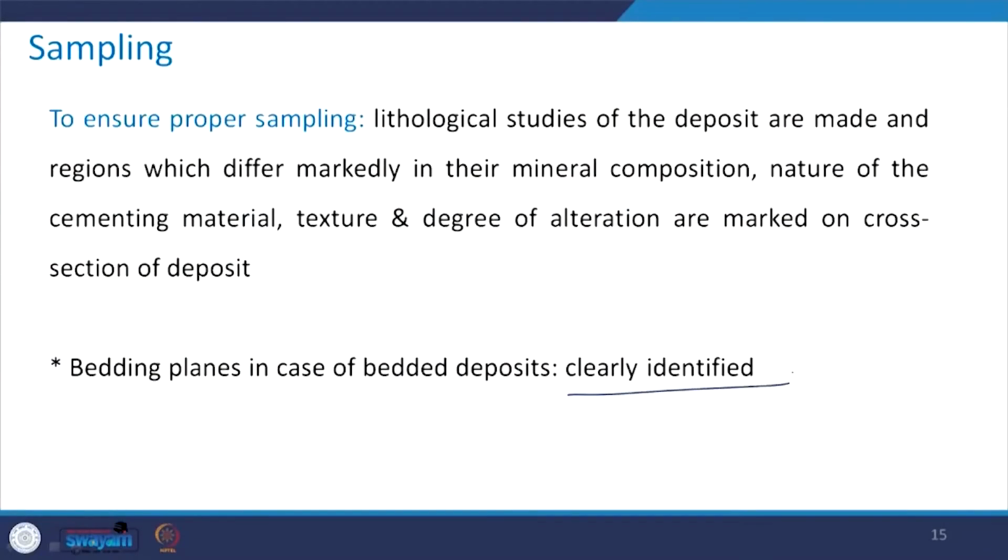Wherever you see that kind of change, that is marked on the cross section of the deposit. In case of a bedded deposit where you have these bedding planes, this has to be clearly identified.